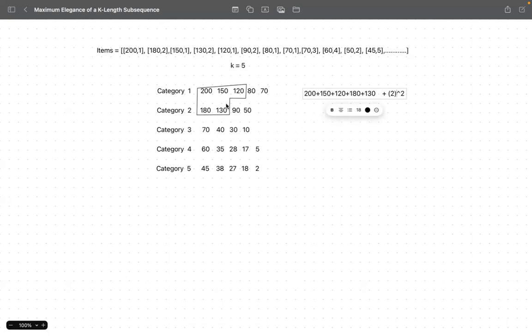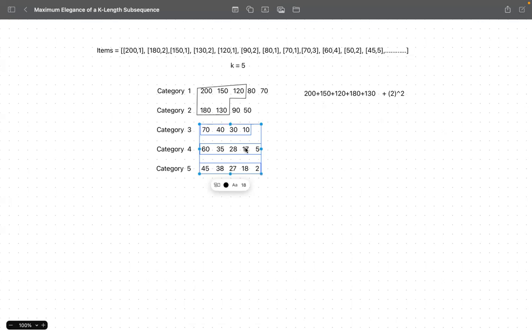To use three distinct categories, we can use any of 70, 40, 30. Since we have two distinct categories, we will now have three if we choose any of these items. But again, we have to find a greedy method to not choose all of these.